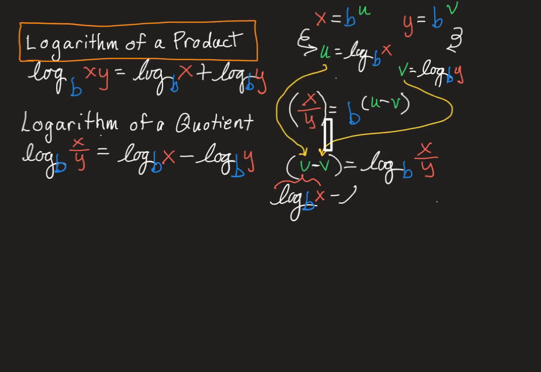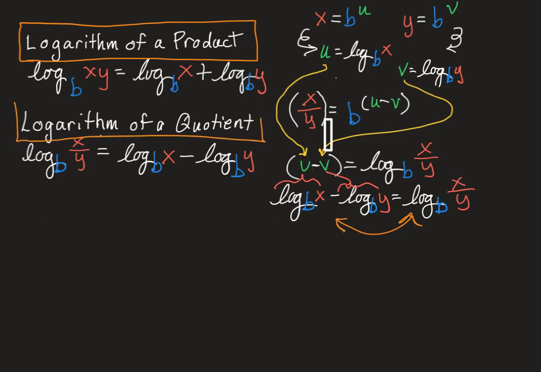Minus the log base b of y, which came from here, and that is equal to the log base b of x over y, which is what we already had on that side. And then if we just switch the order, we have it the way it is written over here. The property or the rule for the logarithm of a quotient.